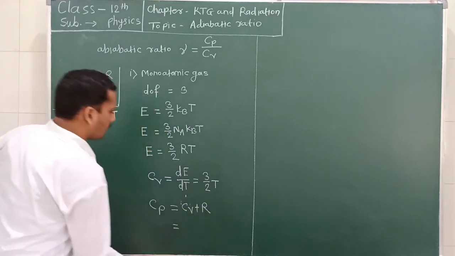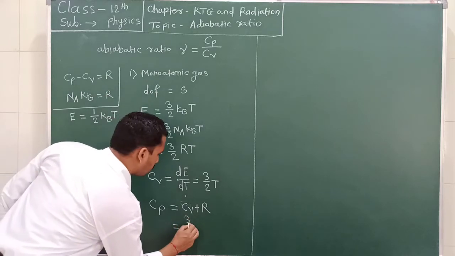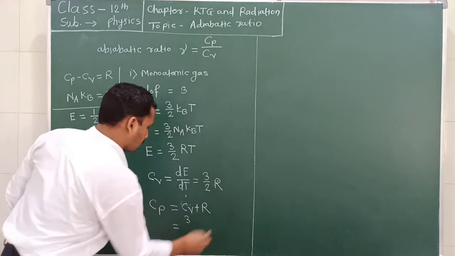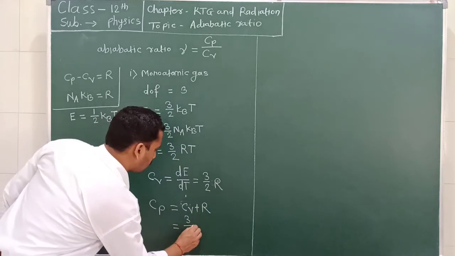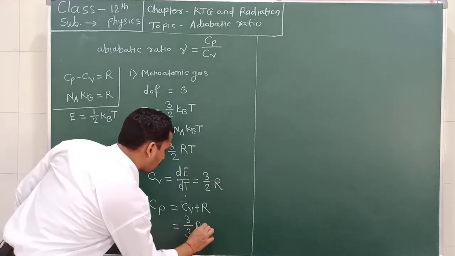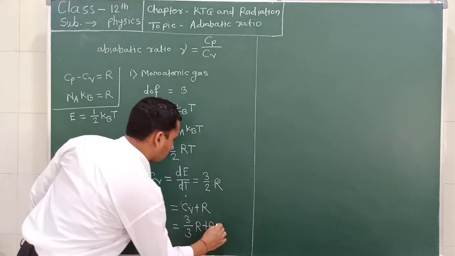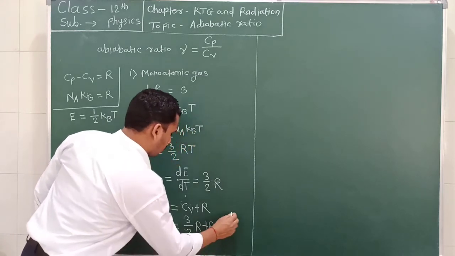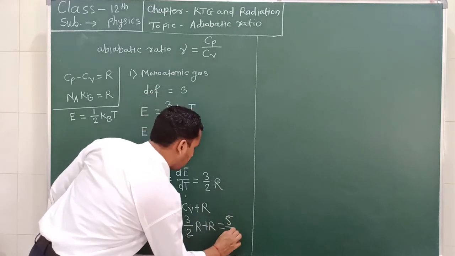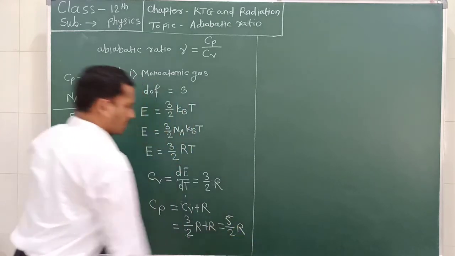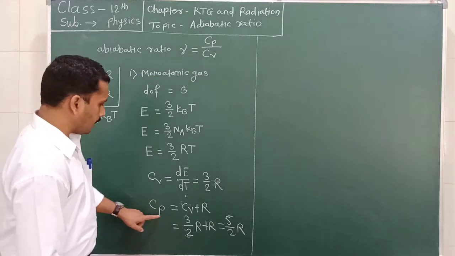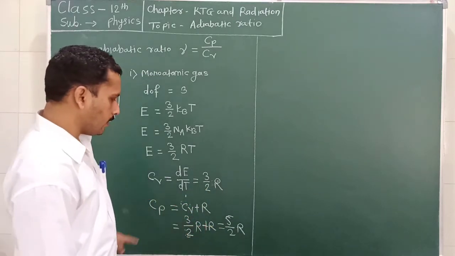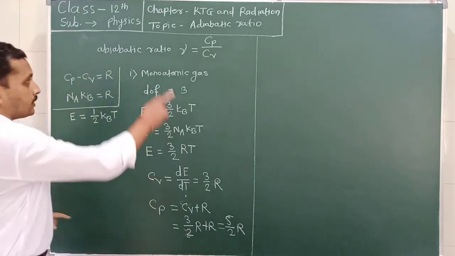So we can write here, Cp is equal to 3 by 2 R plus R, so it becomes 5 by 2 R. So this is the value of Cp, 5 by 2 R, and this is the value of Cv, which is equal to 3 by 2 R. So what is the adiabatic ratio?